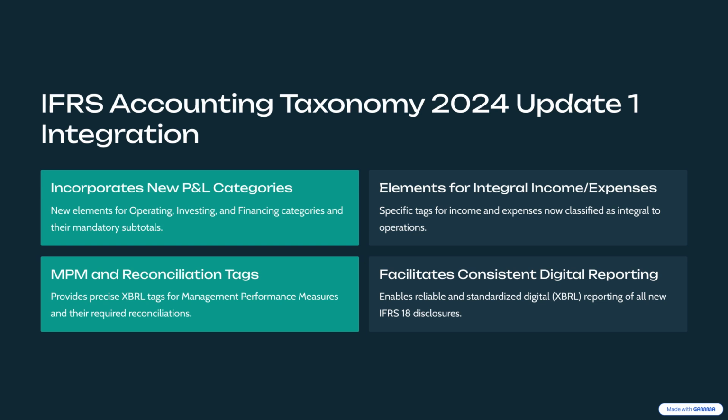By embedding these changes, the 2024 Taxonomy Update facilitates consistent, structured, and machine-readable reporting, aligning with the broader objectives of IFRS 18 to improve transparency, comparability, and stakeholder confidence in digital financial communications.